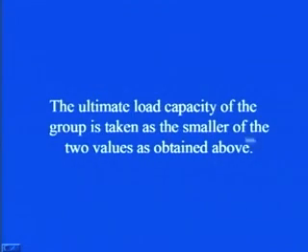So, the ultimate load capacity of the group is taken as the smaller of the two values as obtained above. We obtain the ultimate load capacity considering block failure and considering individual pile failure, and whichever value is the minimum, that we consider the ultimate load capacity of the group.